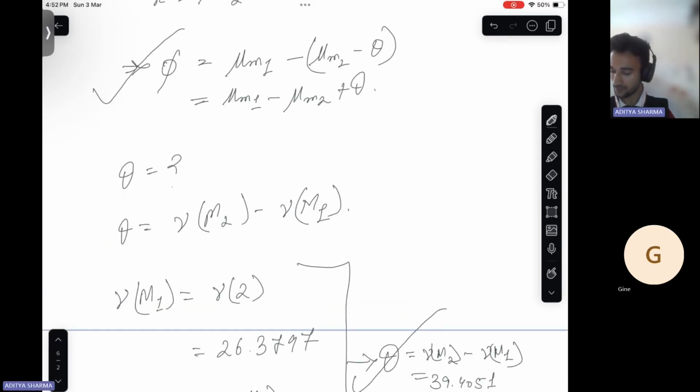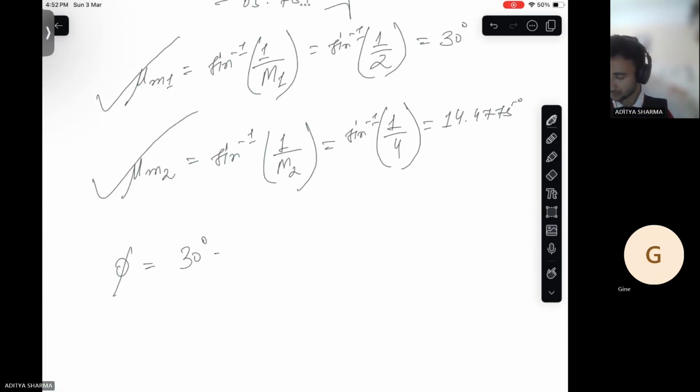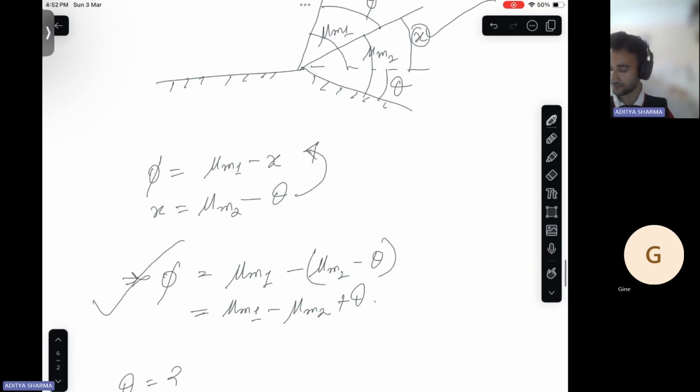Phi is mu m1, which is 30 degrees, minus mu m2, which is 14.4775 degrees, plus theta, which is 39.4051 degrees. If we calculate this, we get 54.9276 degrees. So this is the fan angle.